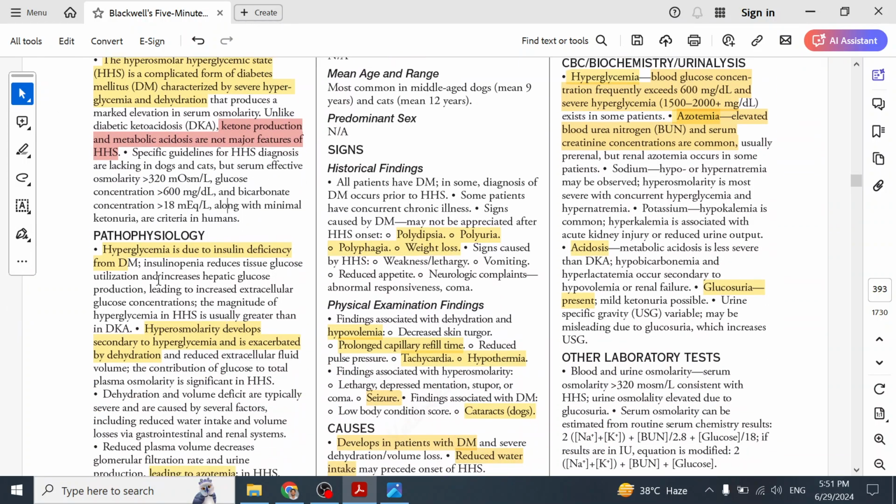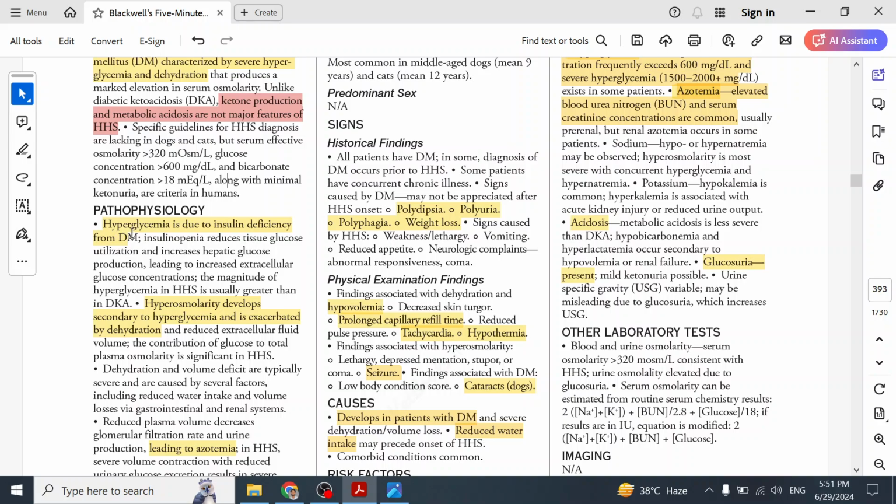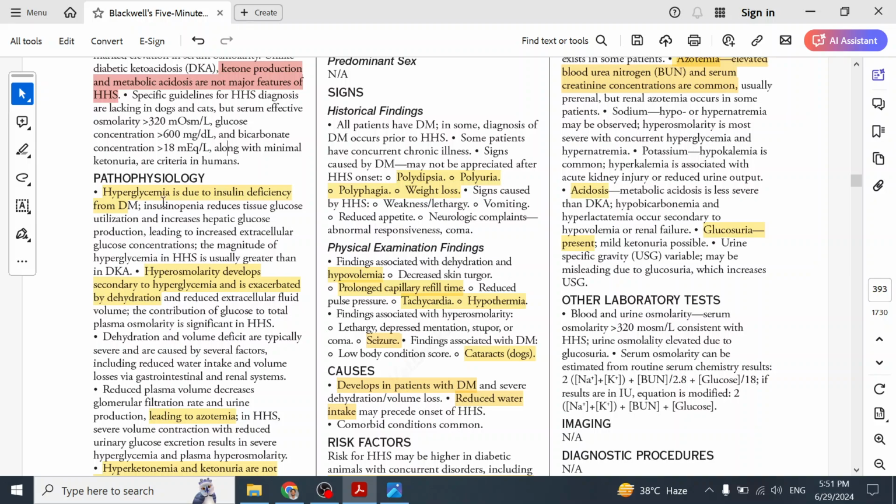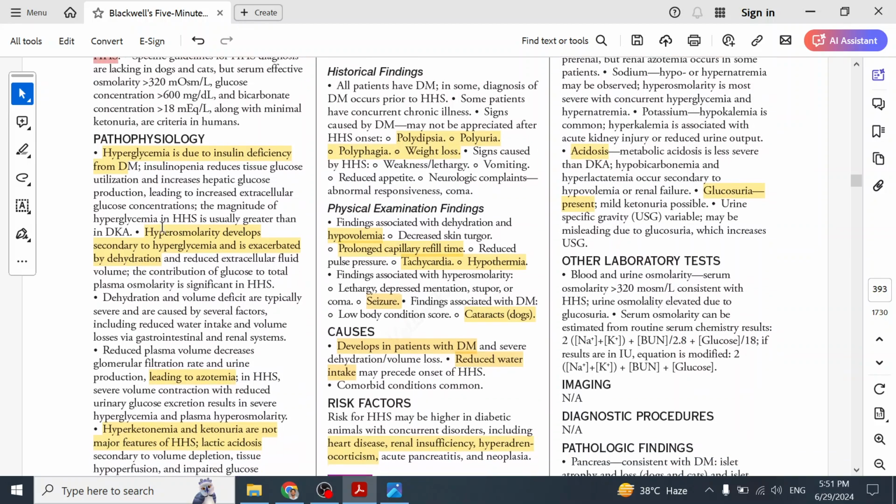Next we have pathophysiology. The hyperglycemia is due to insulin deficiency from diabetes mellitus. Whenever there is a diabetes mellitus condition, there is insulin deficiency in the body, and if cells become insulin resistant or there is insulin deficiency, the glucose level increases and it causes hyperglycemia.